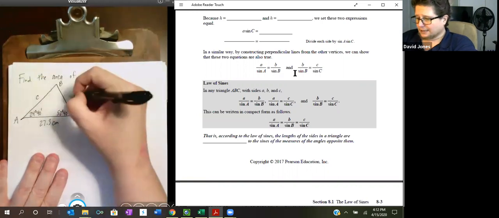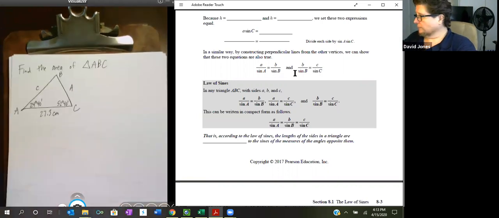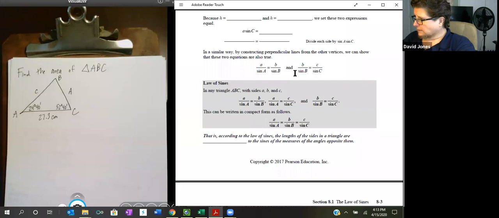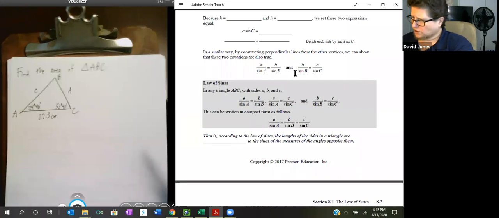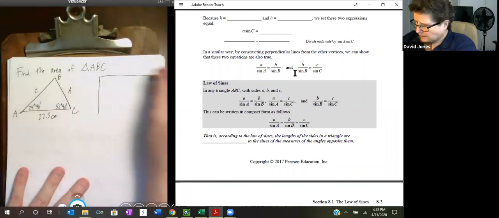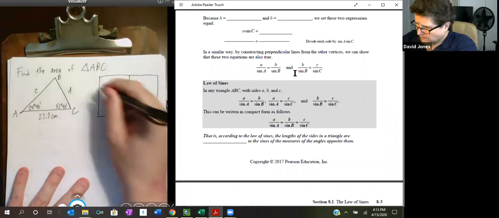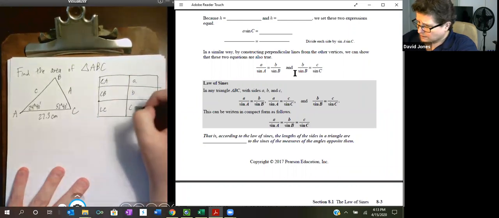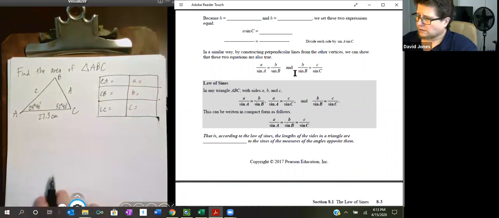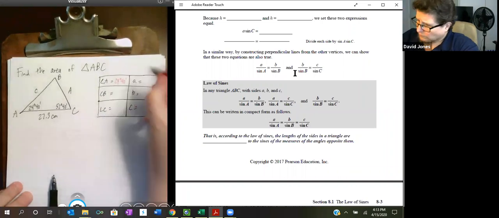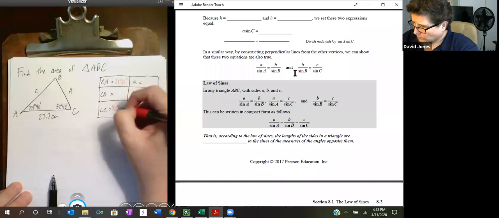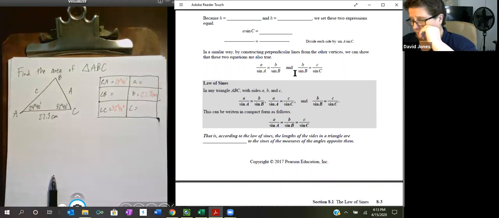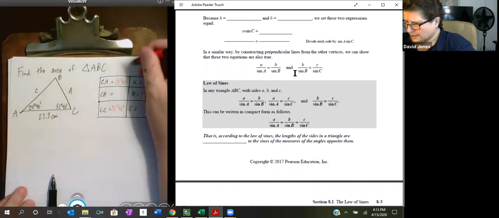And that makes this side C and side A. So what pieces of information do we have? This is an angle side angle.